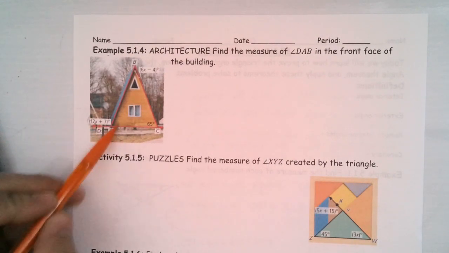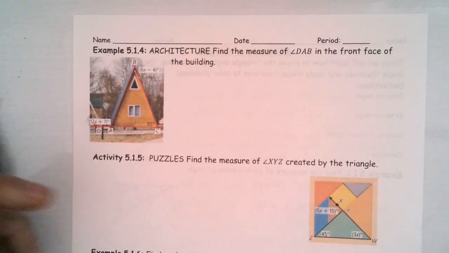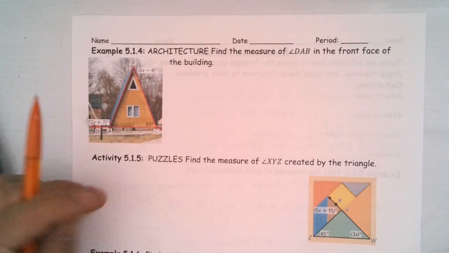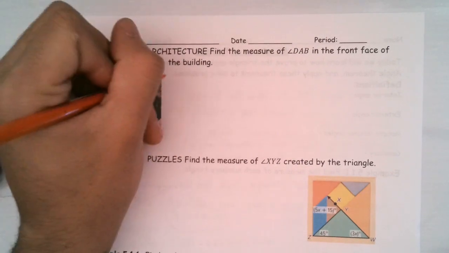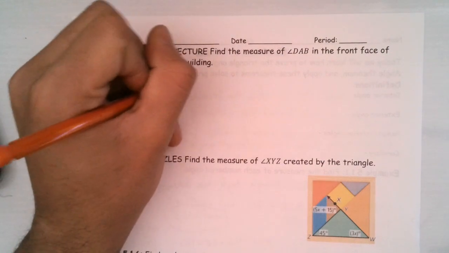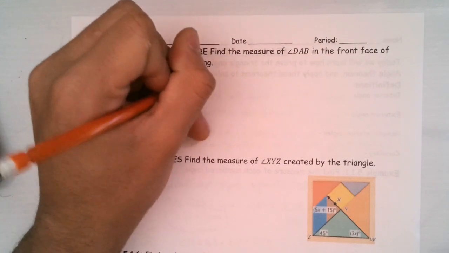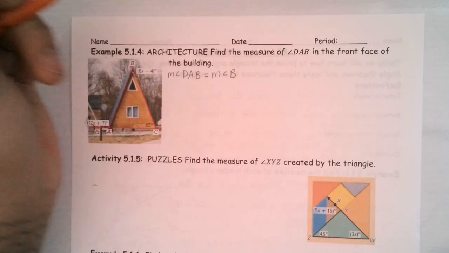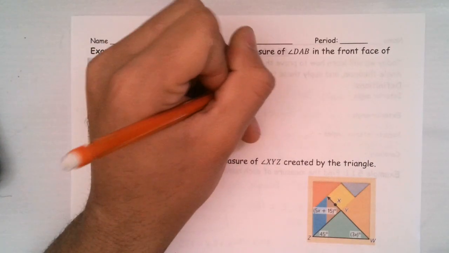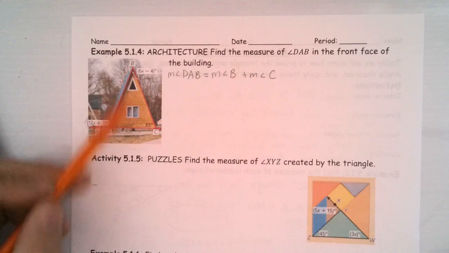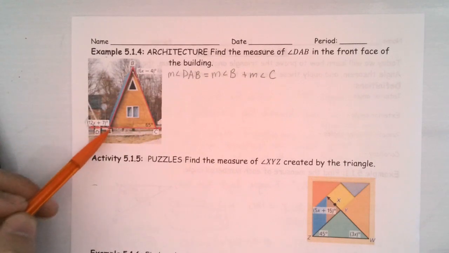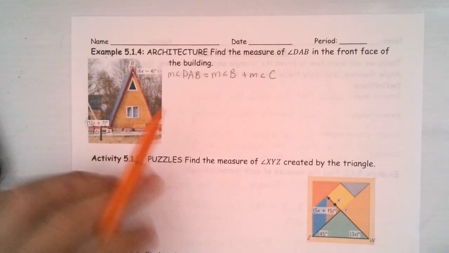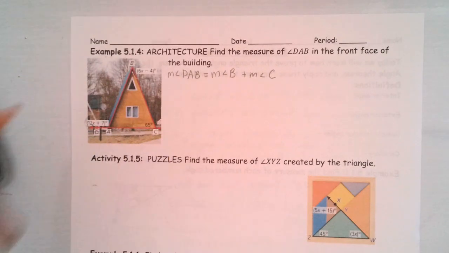What two angles on the interior of the triangle is it equal to? Well, the measure of angle DAB is equal to the measure of angle B plus the measure of angle C, because those are the two remote interior angles. A is right next to it, so we take B and C and sum those two up.